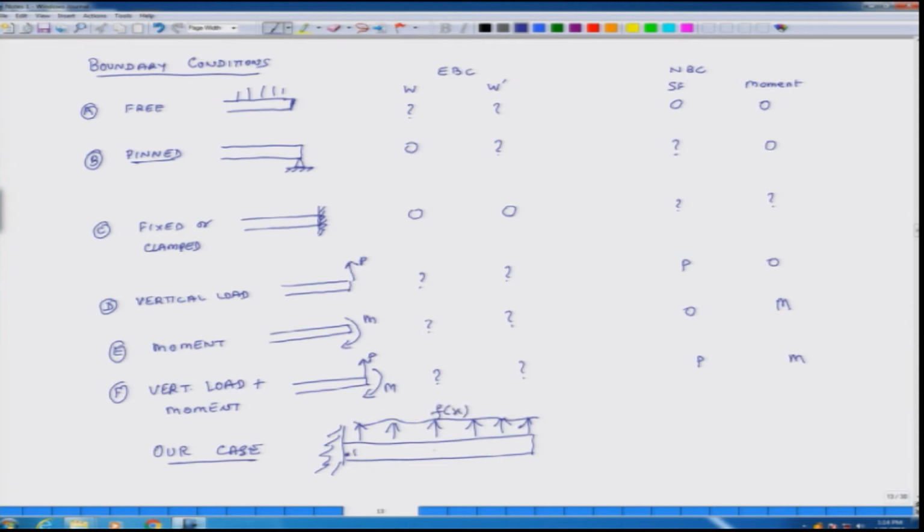This is node 1, this is node 2, this is node 3, and I have a moment of m naught and I also have a force of f naught. So, for this situation, at x is equal to 0, W and W prime are 0, which means that u1 is 0 and u2 is equal to 0.